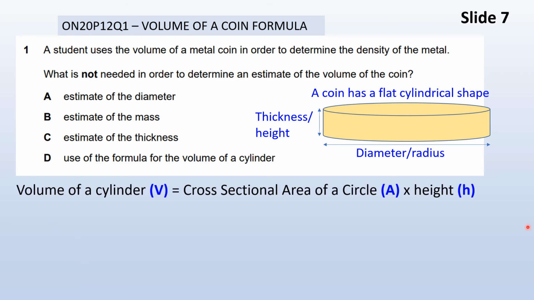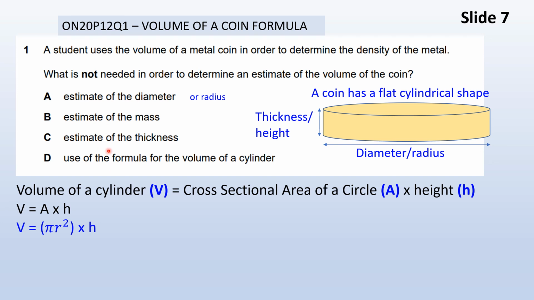In order to calculate the volume of a cylinder, which is the shape of the coin, it is equal to the cross-sectional area of a circle, which is A, times the height, which is the thickness. In simplified words, V is equal to A times H. The cross-sectional area, the circle, is pi r squared, times the height.